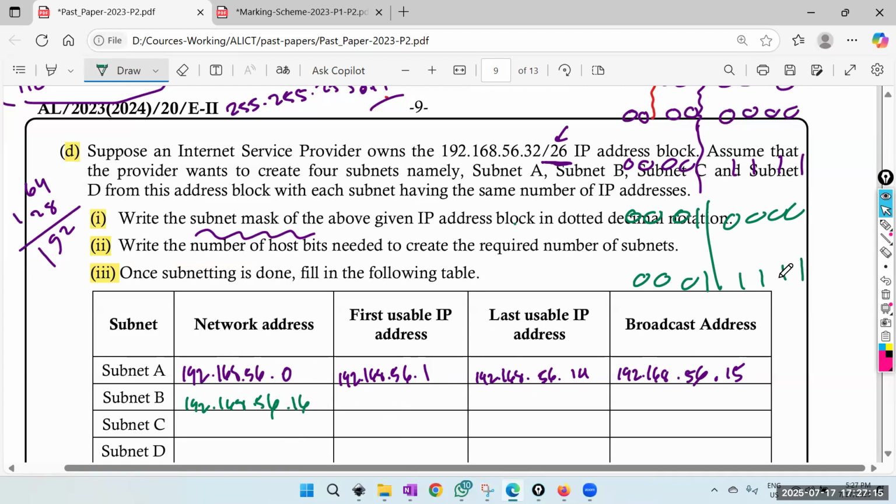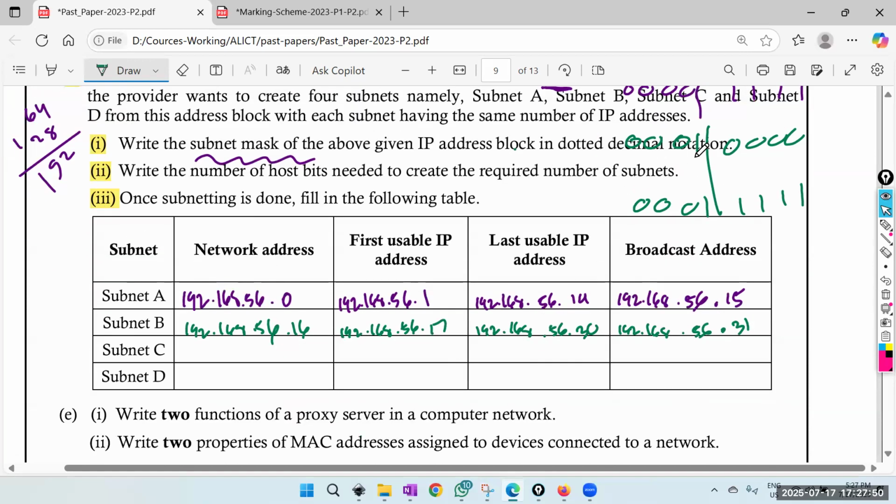The last address or broadcast address: 1, 2, 4, 8, 16, 32 minus 1, 31. 192.168.56.31. Then the usable range is 192.168.56.17 to 192.168.56.30. Okay. So the next one I can take 10, and the last one I can take 11.